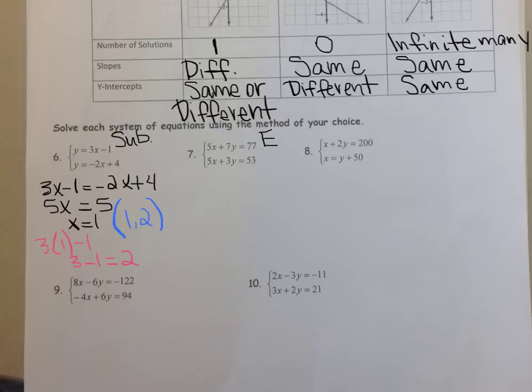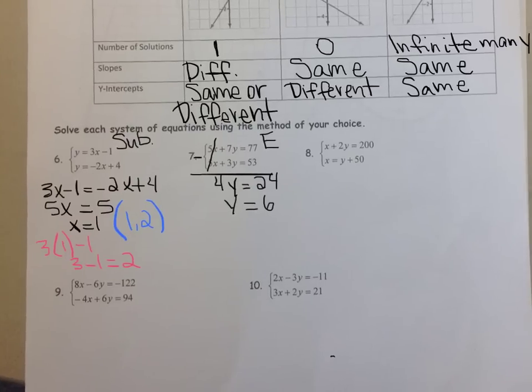All right, so if I'm going to use elimination for number 7, I'm going to decide, do I add, subtract? What do I do? Well, I'm going to go ahead and subtract, and that will get rid of my x values. Now I'm left with 4y equals 24, y equals 6. I take 6 and plug it back into one of the original equations for y here.